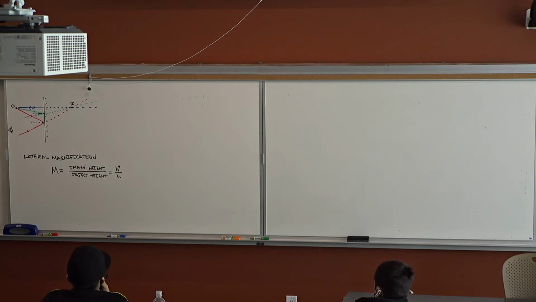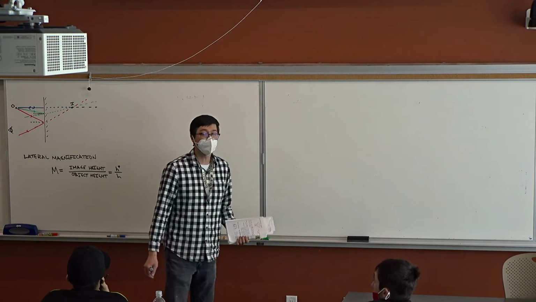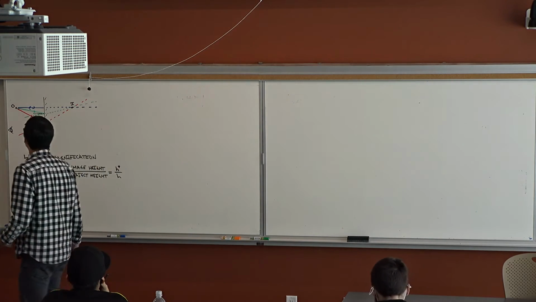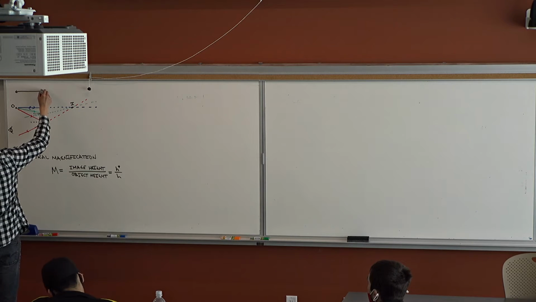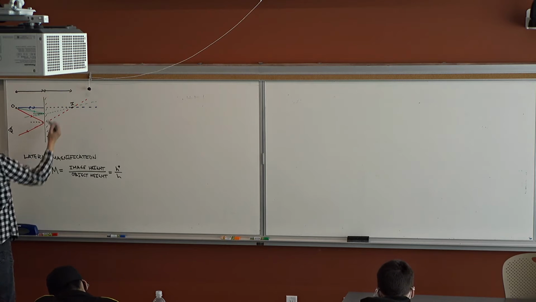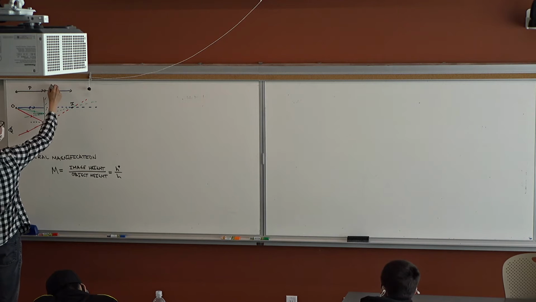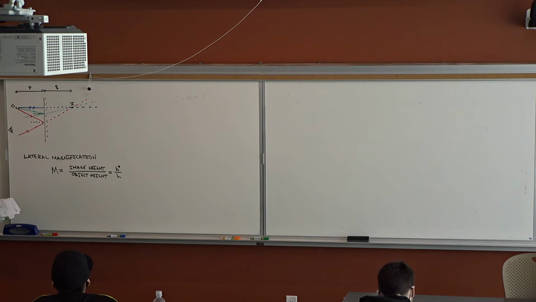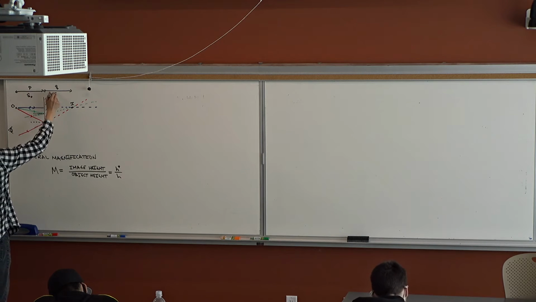I want to define my object distance and my image distance here. And so I'm going to pick P and I'm going to pick Q. This we could also say is S object and S image.